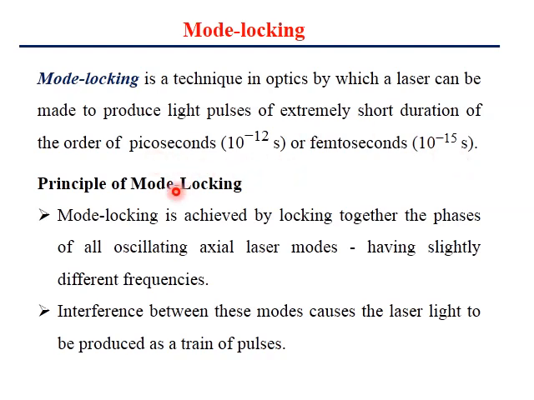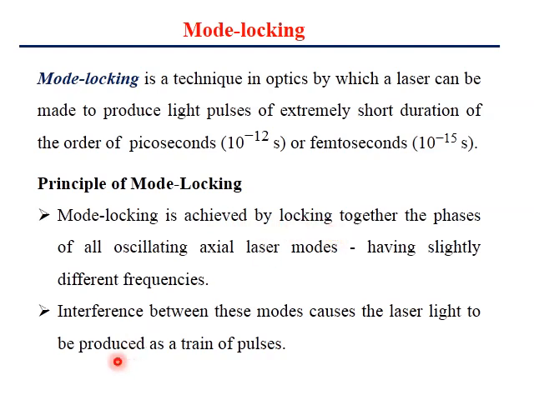And what is the principle of mode locking? Mode locking is achieved by locking together the phases of all oscillating axial laser modes. I'm sure by now it is almost clear to you that all axial modes have slightly different frequencies, and mode locking is obtained by locking those phases.